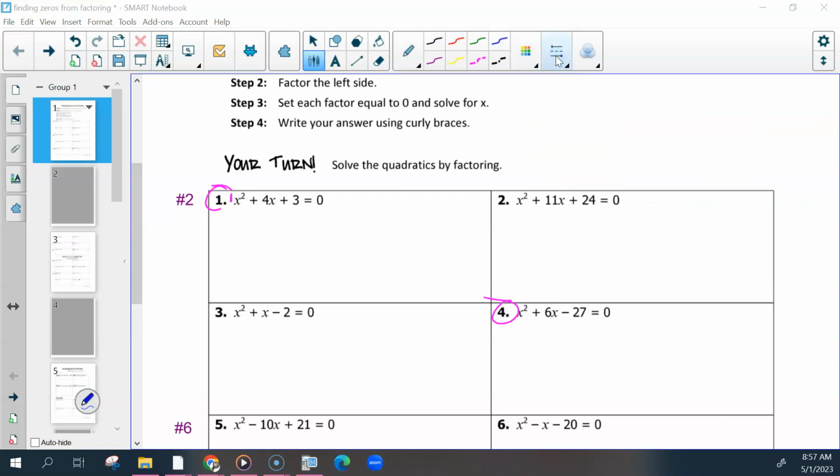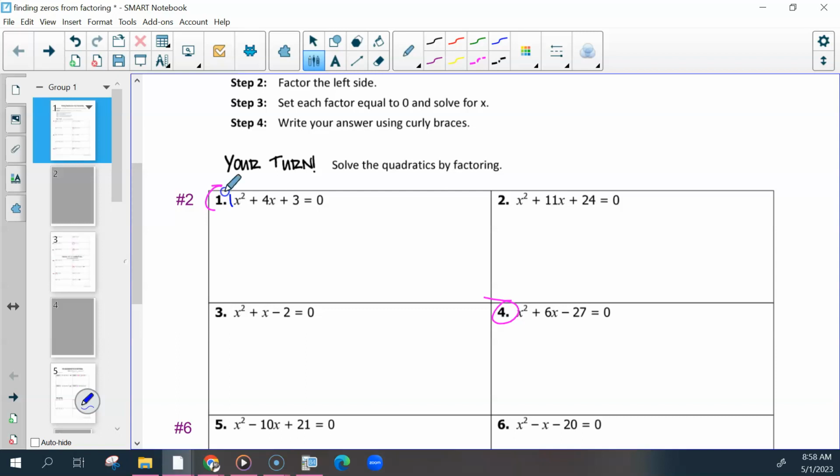So first, if we have something where there's a 1 in front, anyone remember how we factor this? Or what the rules are? It's a trinomial.